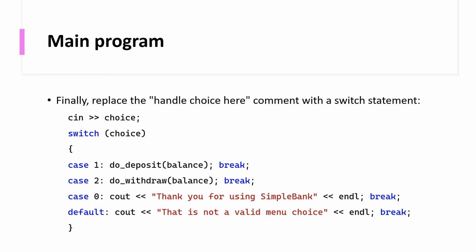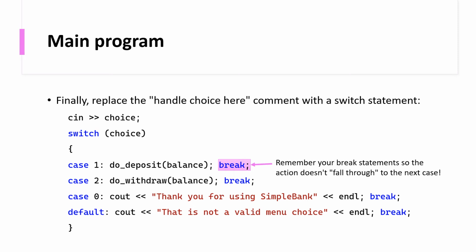And if not, we print that that's not a valid menu choice, and then we cycle back and print the menu again. Now, always remember when you're doing switch statements to put your break statement in at the end of each case so that the action doesn't fall through to the next case. We don't want to do a deposit and then do a withdrawal. We just want to do a deposit.